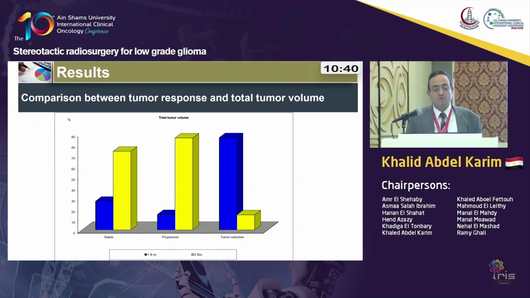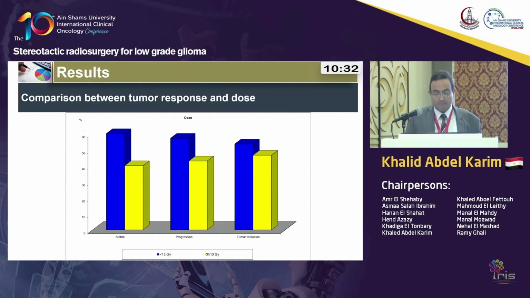And here we compared between tumor response and total tumor volume, and definitely smaller tumor fared better. And the dose, the cutoff dose for us was 13 gray, and this was a comparison between the response and the dose, and more stable cases have been in the 13 gray, so we stuck later on to the 11 or 12 grays.